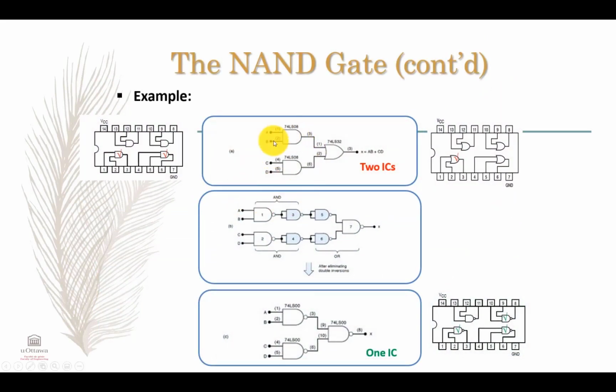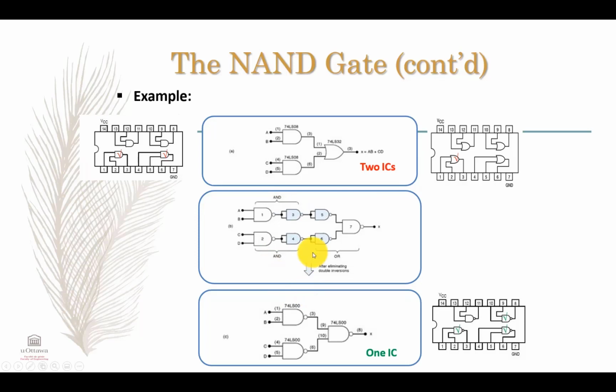If I need to implement this simple Boolean expression using the commercial ICs available in the market, I have an IC with the component number 74LS06, and I have another IC here. The component number of it is 74LS32. So in order to implement this digital circuit, I will need two different types of ICs.